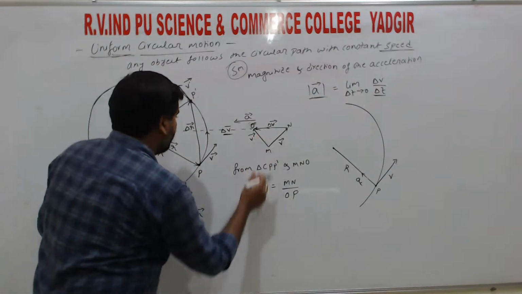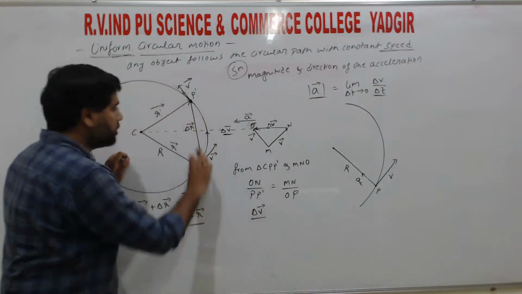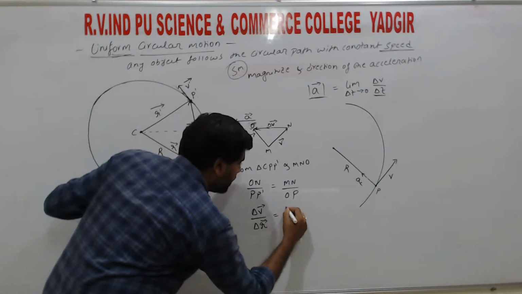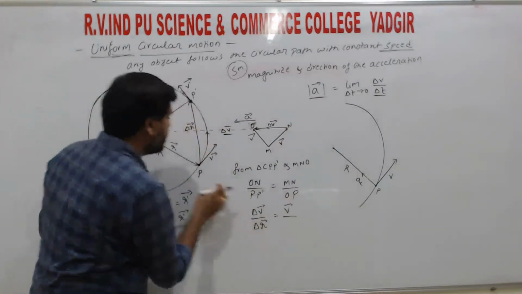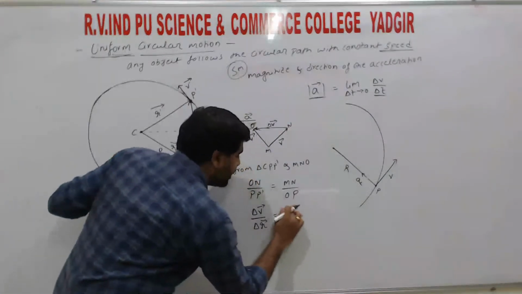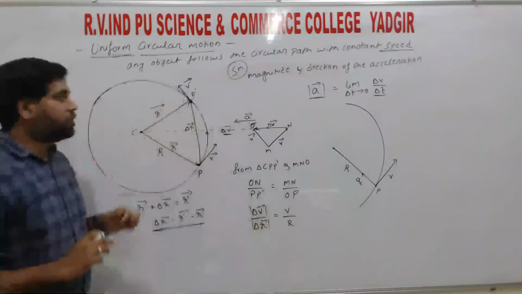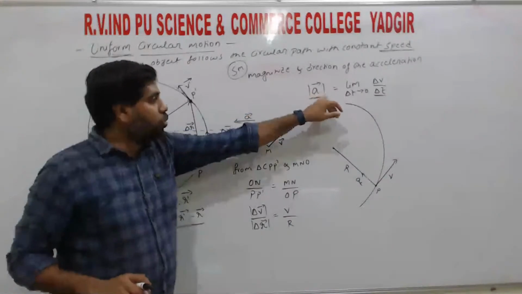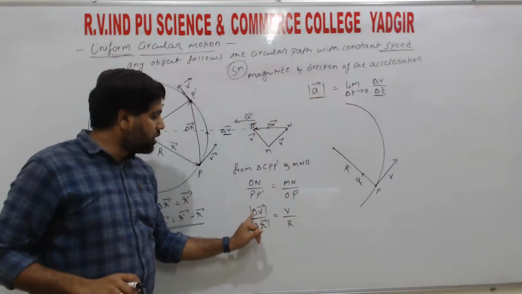So ON we write as delta V divided by delta R, that is equal to MN, the vector V, divided by OP, that is R. Here we have only taken the magnitudes, because here also we are going to find only the magnitude. Modulus of A means the magnitude, so here also we are finding the magnitude.